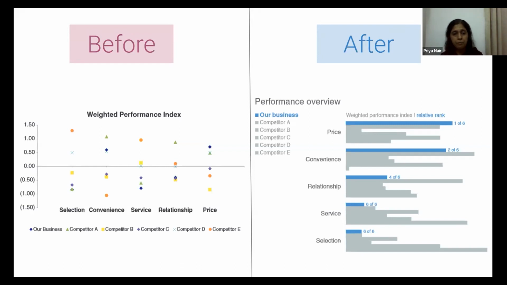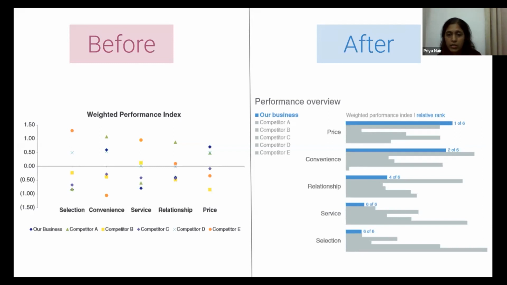And a few more things over here: they've completely got rid of the x-axis. If you see the axis completely, right? Why? Of course, you don't need the information on the y-axis, because in the y-axis it is the categories that you are writing.